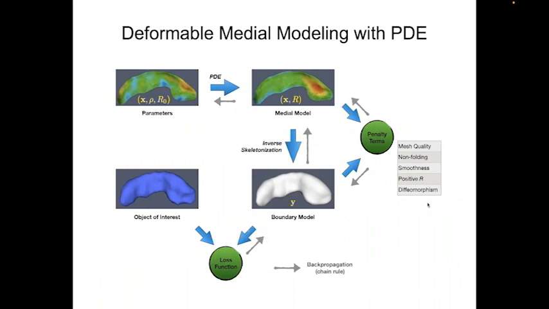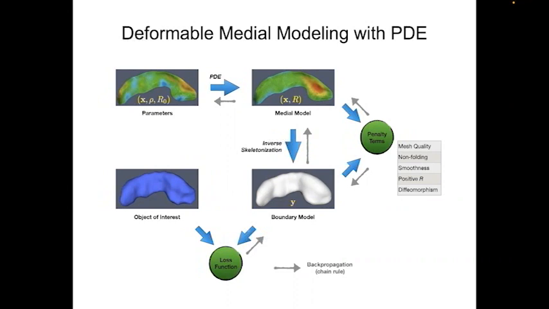So the beauty of the medial models is that you can do volume-based similarity metrics. Because the medial model gives you access to the entire space between the boundary and the medial surface, it's very easy to compute overlap between the binary segmentation of an object and this medial model. So you can do dice overlap.